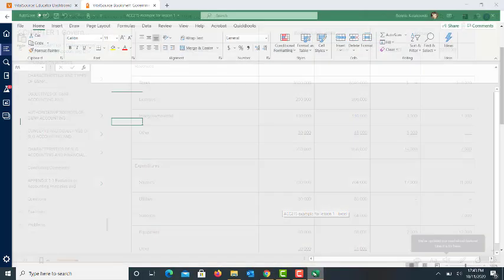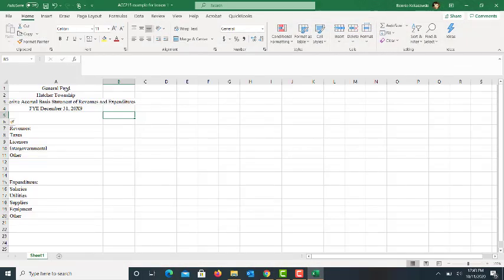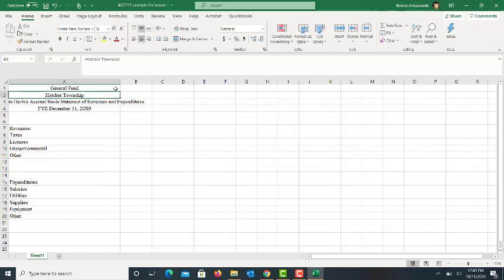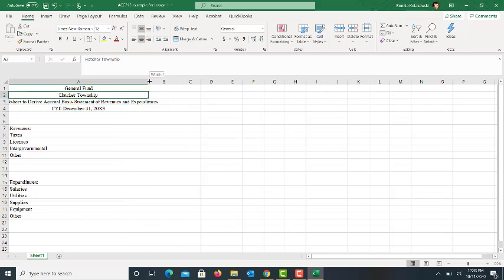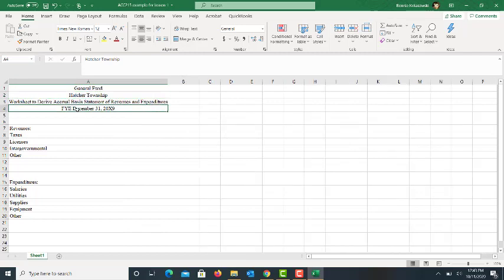statement in Excel is to begin with your title, General Fund, Hatcher Township, and the statement name and the date. The next step is to enter in the accounts that you saw on the screen.